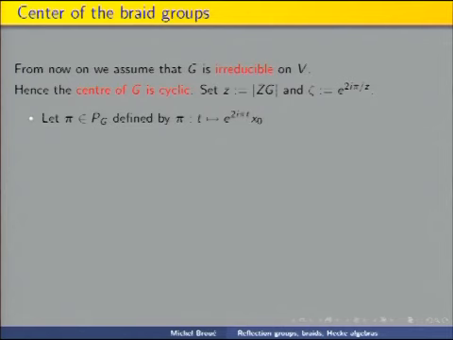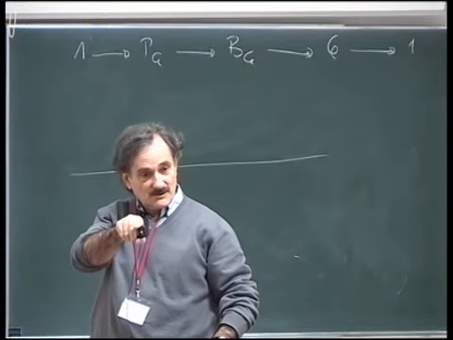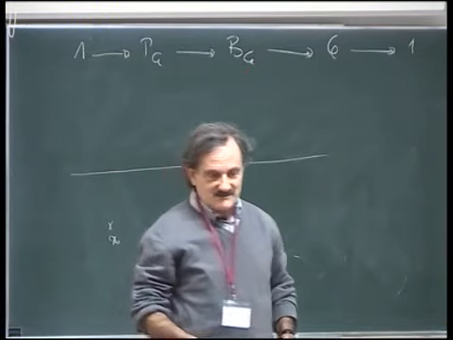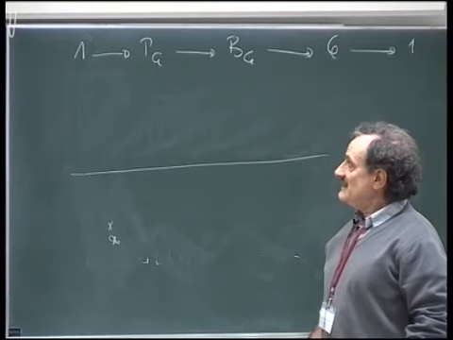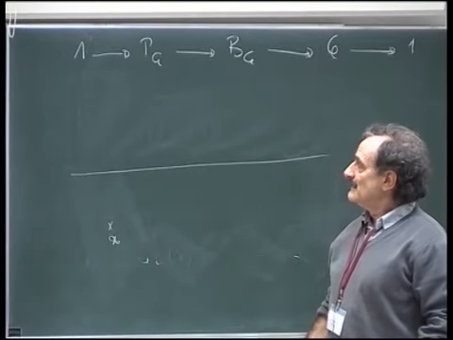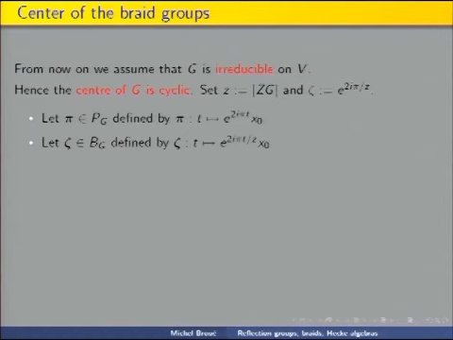And it's clear that this element lies in the center of PG. Remember that PG is the pi 1 of V-reg. So you are in this variety, V-reg, minus this number of holes of the hyperplanes. So you turn around the base point. It's an easy exercise to check that it is in the center. And let me denote by bold zeta a kind of partial turn.